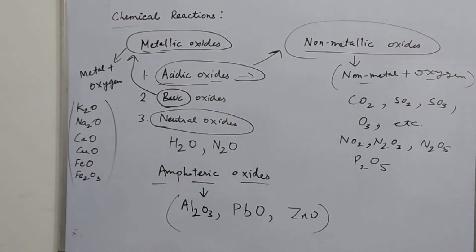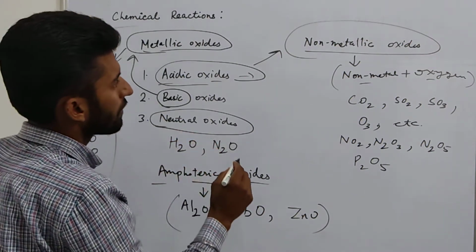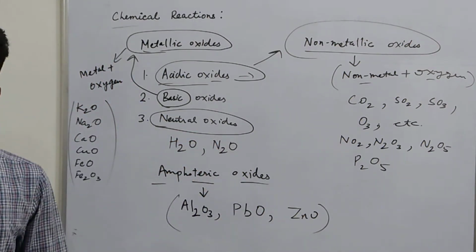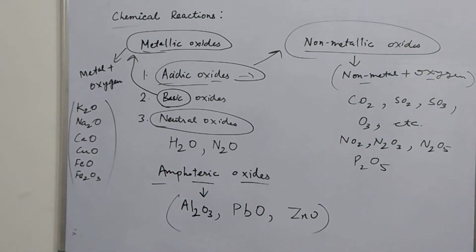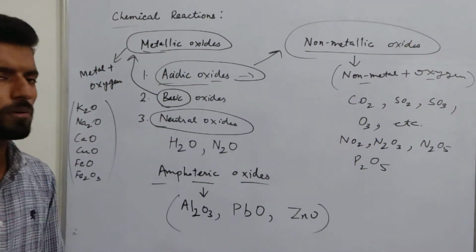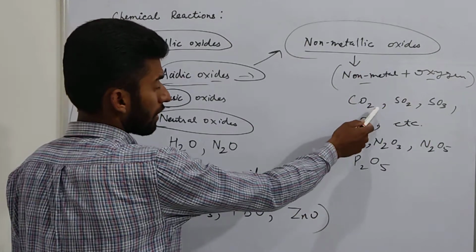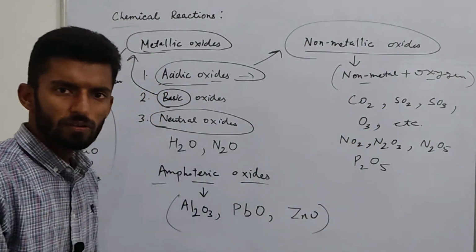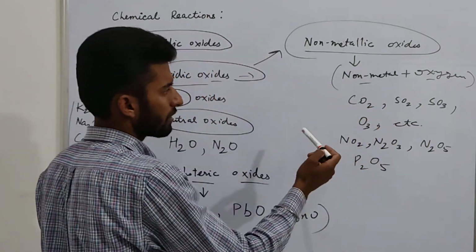How are these formed, how are these derived? Metallic oxides are generally formed when metal carbonates are heated. Similarly, how are non-metallic oxides formed? When a metal carbonate reacts with an acid, there is formation of carbon dioxide, which is a non-metallic oxide.